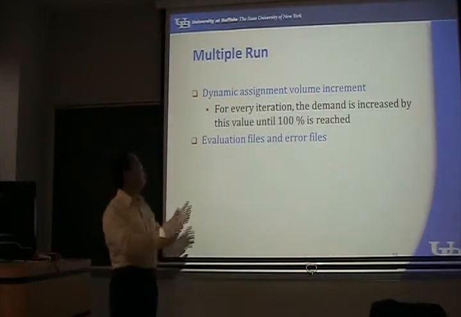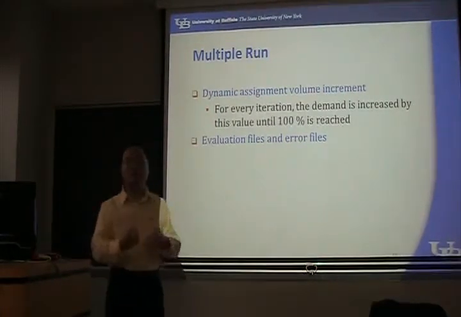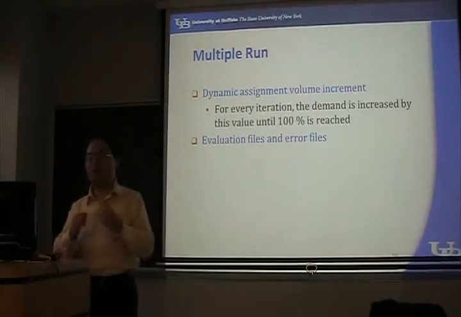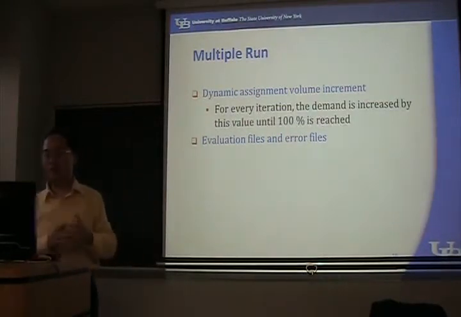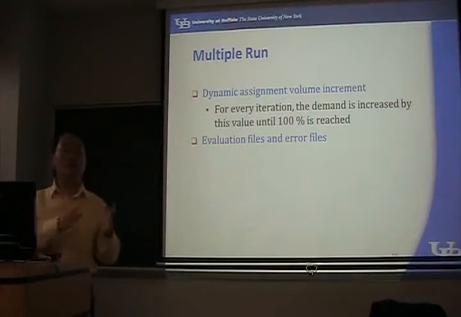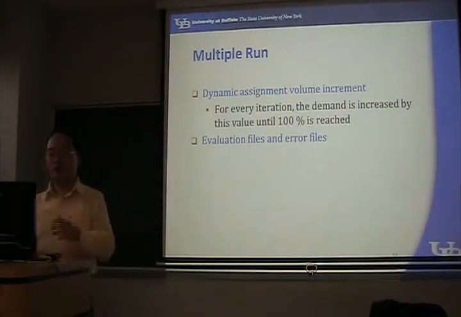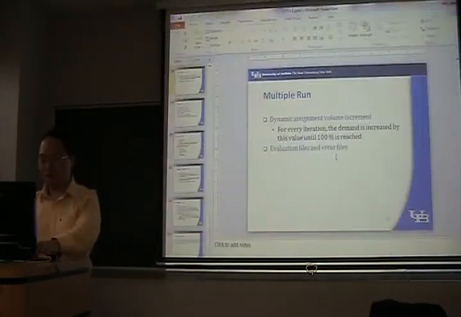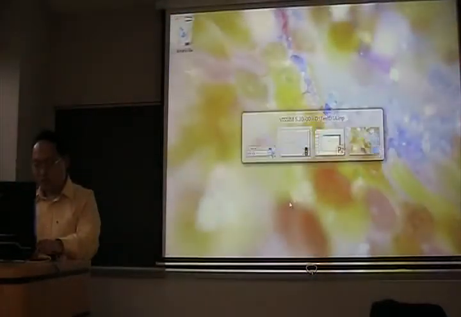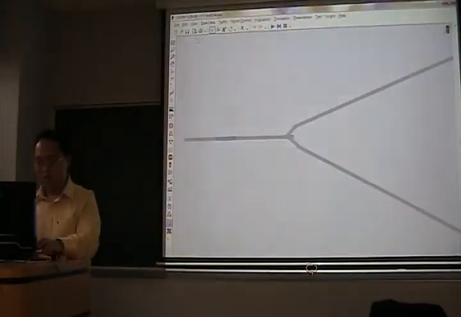So for example, if it's 10%, then in the first iteration, only 10% of the demand will be assigned. And the second iteration will be 20%. And third iteration will be 30%. I think it's already finished, this example.